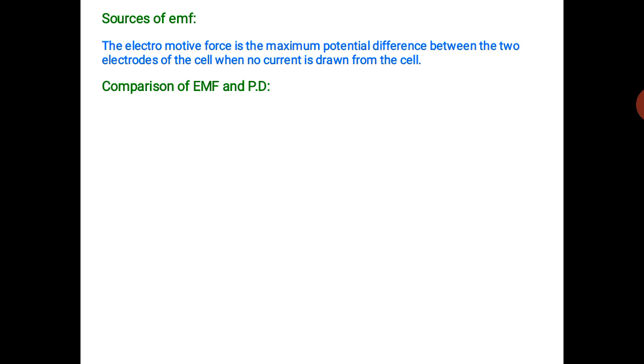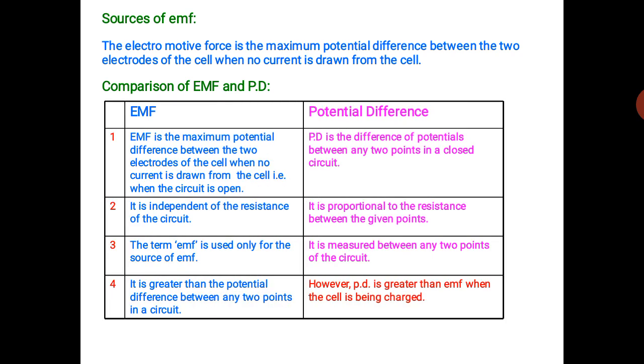Comparison of EMF and potential difference. See, EMF is the maximum potential difference between two electrodes of the cell when no current is drawn from the cell. That is, when the circuit is open.